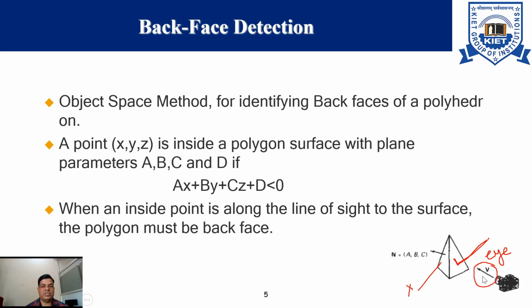This is my viewing position, or the position of the eye. This face is visible while the face at the back is not visible. Any point lying inside this polyhedron will satisfy the plane equation and its value would be less than 0. When an inside point is along the line of sight to the surface, the polygon must be back facing.